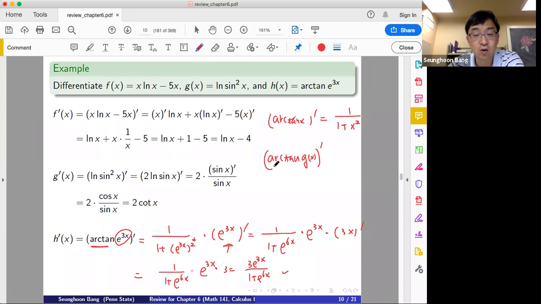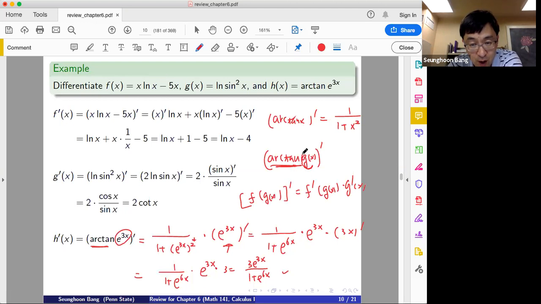Here, arctangent is the outer function f. You can use the chain rule. What's the derivative of f of g of x? We have the outer function prime of the inner function times the inner function prime. What does it mean? You can plug this g of x in here.